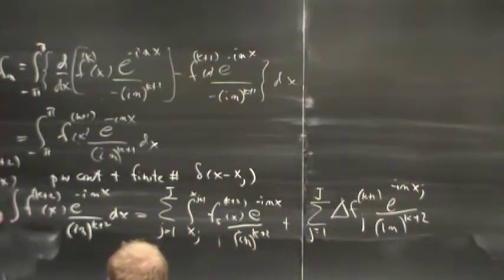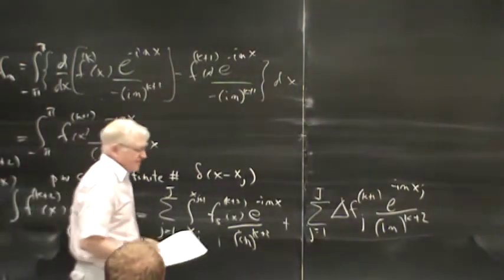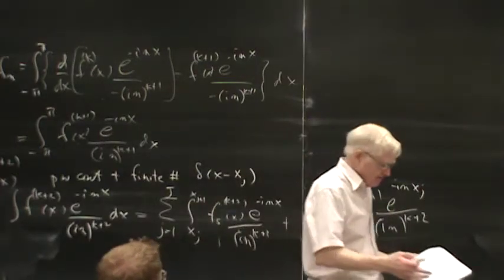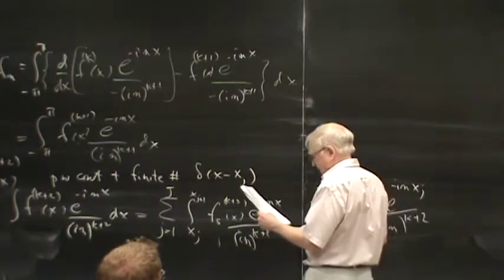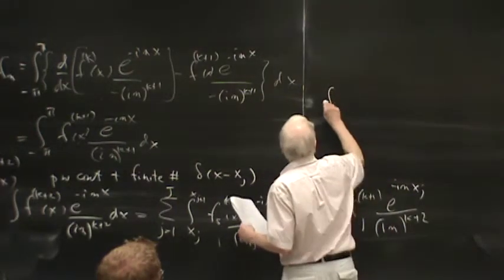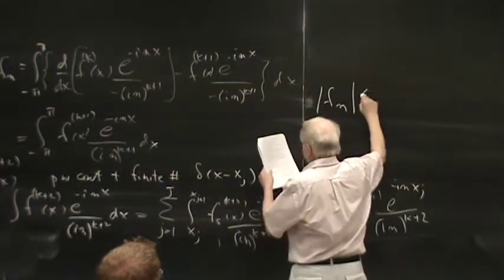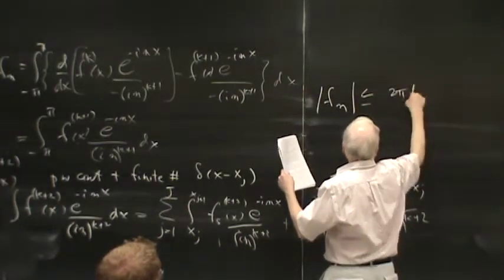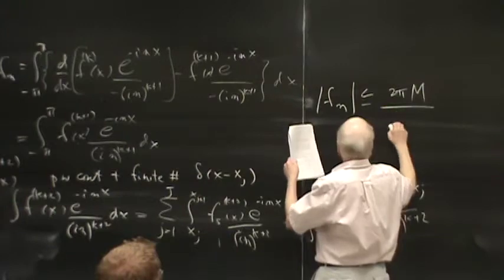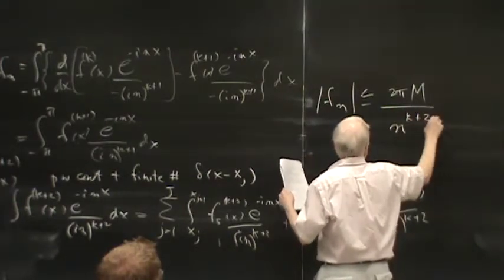And what's left is continuous on some closed interval apart from the jumps, and so it's bounded. And so what we get then is the absolute value of f_n less than or equal to 2 pi times the maximum of the thing, divided by n to the k+2.